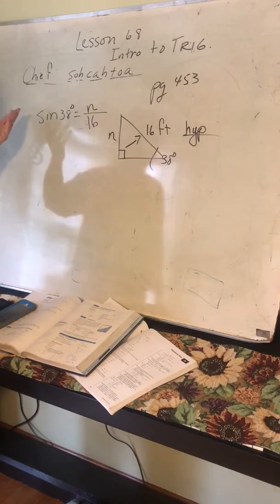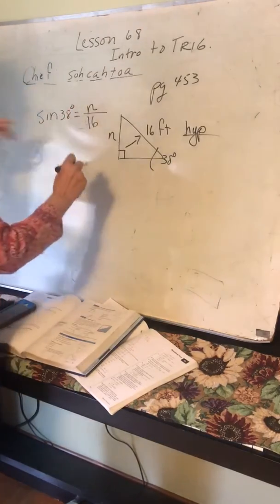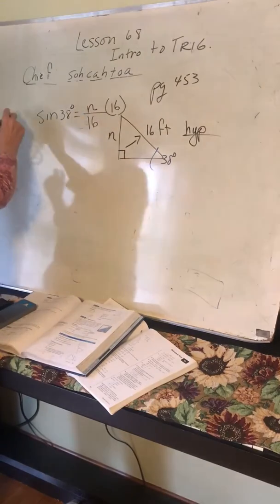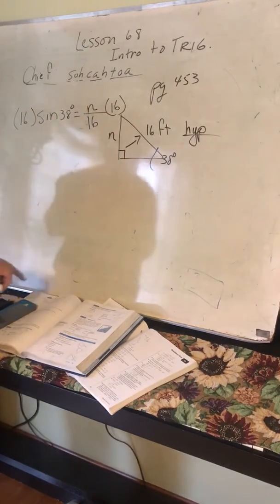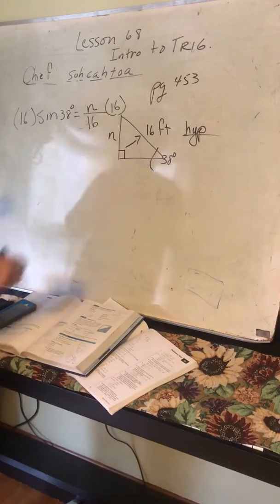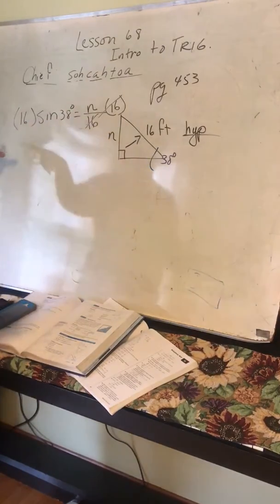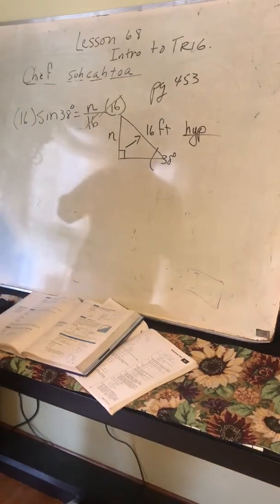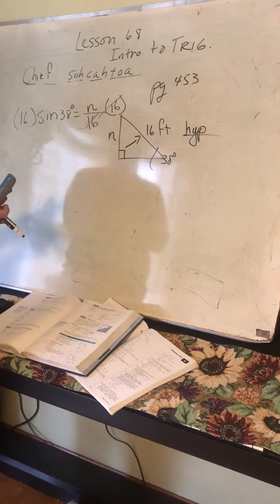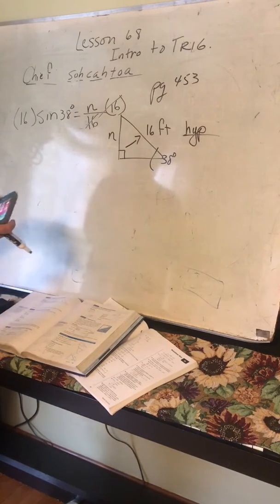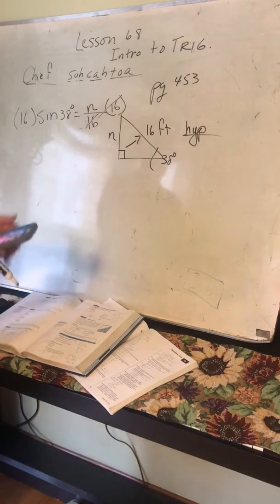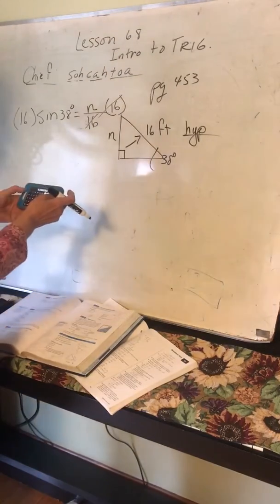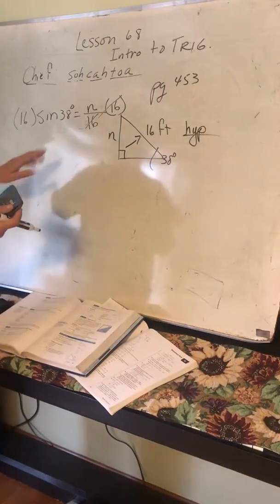Now, the unknown's not on the bottom, so what we do here is multiply both sides by 16. We did one of these in our lesson. And that's going to give us what n is equal to. So when we go to punch this in on the calculator, I'm going to clear it and solve for n.